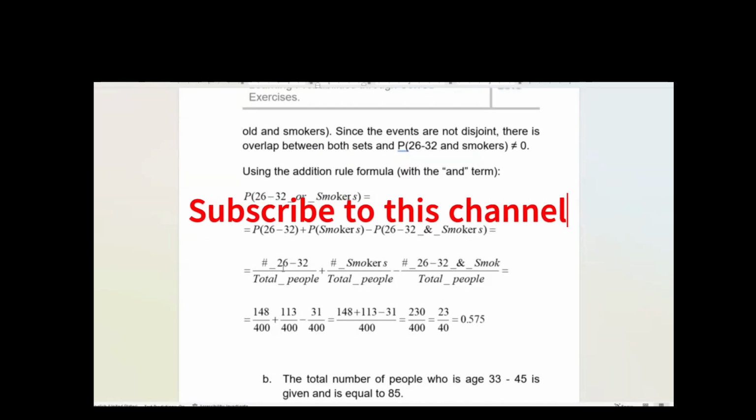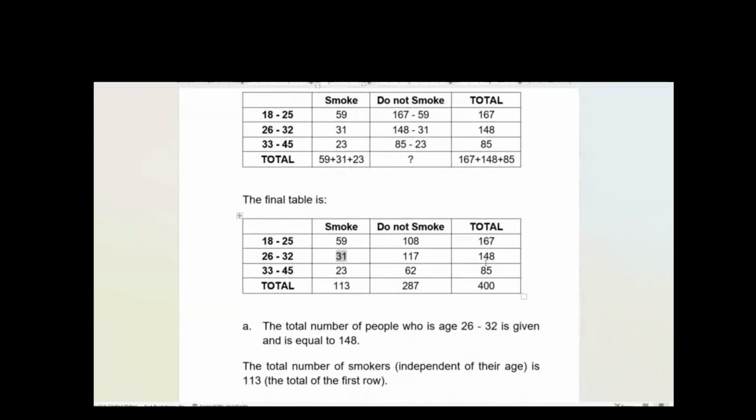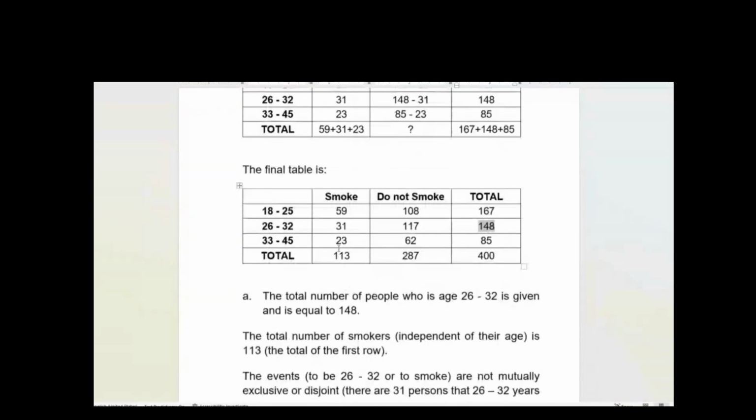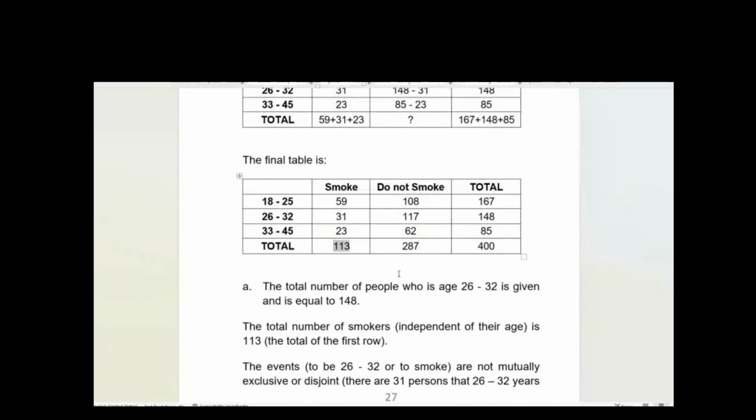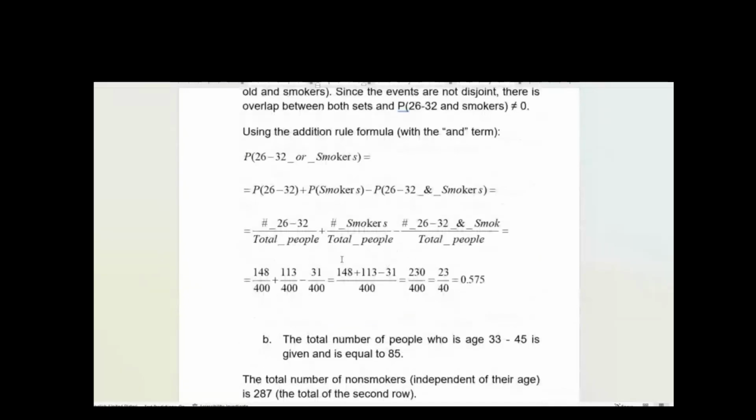So how many people are 26 to 32? 148 in total, right? So the probability of 26 to 32 is 148 over 400. The probability of a smoker is 113 over 400, because we have 113 people that smoke out of 400, minus the probability of people that are 26 to 32 and also smoke.